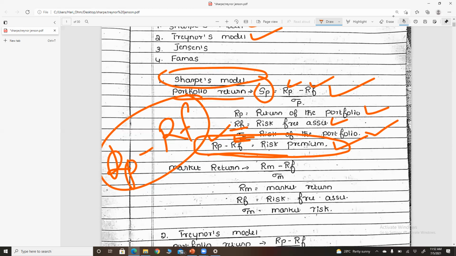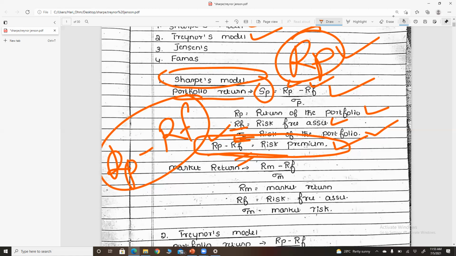In the sense, you don't have any kind of risk. You get a fixed rate of return, say 6% or 7%. That is the risk-free asset, that is RF. Clear? Now, what is RP? That is the return of the portfolio. If you invest in shares, you get return, right? Or if you invest in some portfolio, a grouping of securities, you are going to get more return, as well as more risk. Clear? So that is RP.